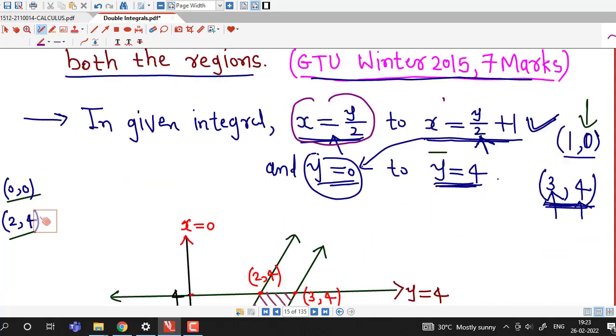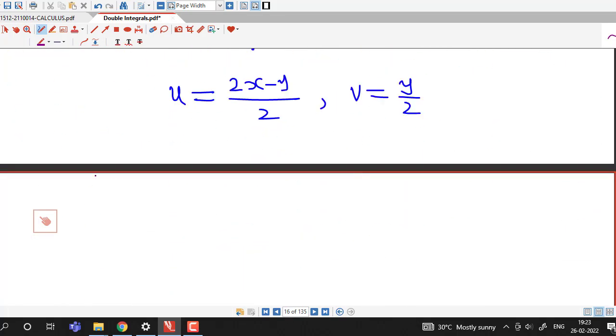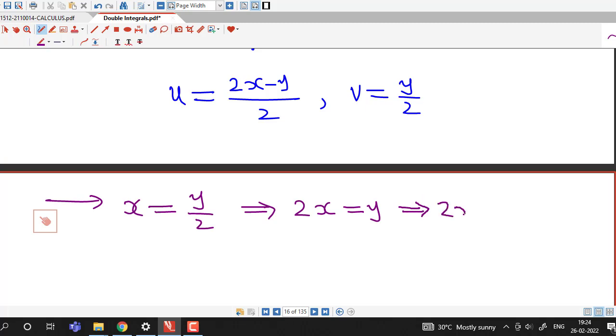Suppose I consider x equal to y by 2, then I can rewrite this as 2x equal to y, that means 2x minus y equal to 0.